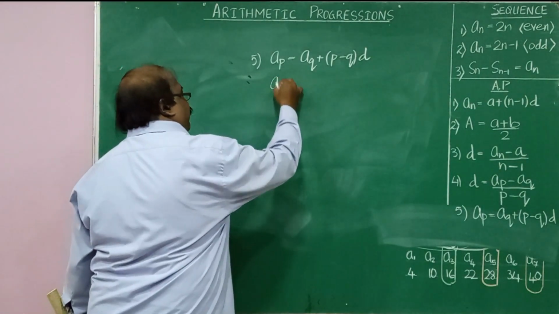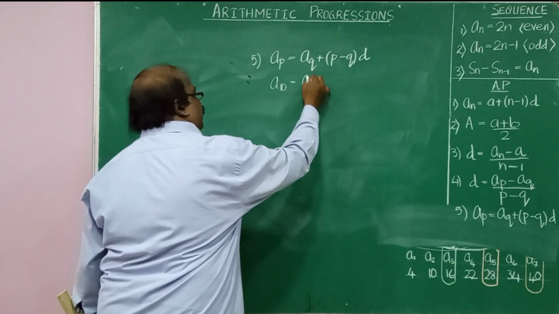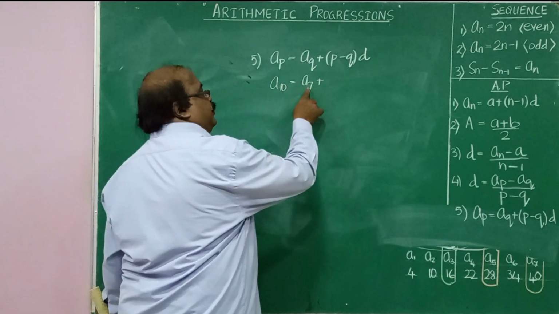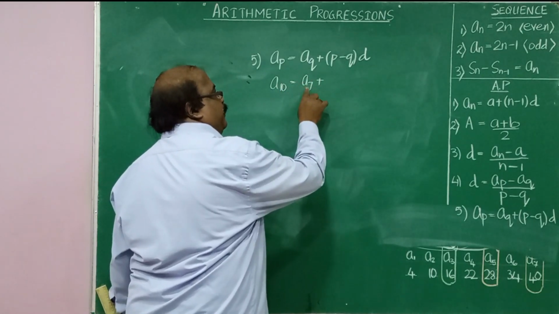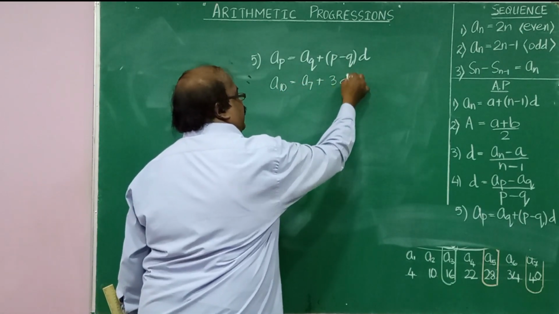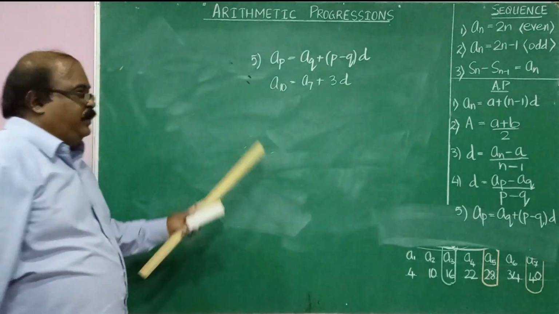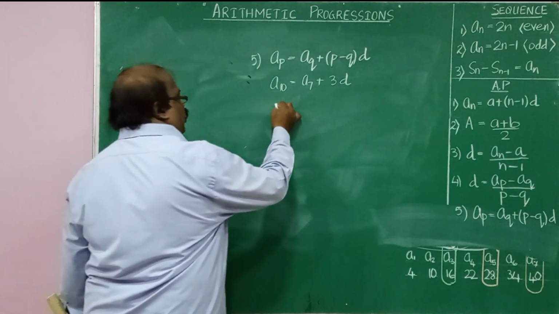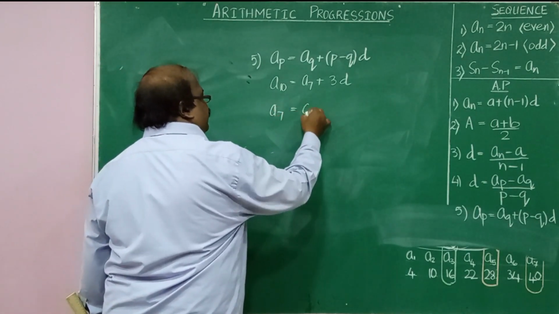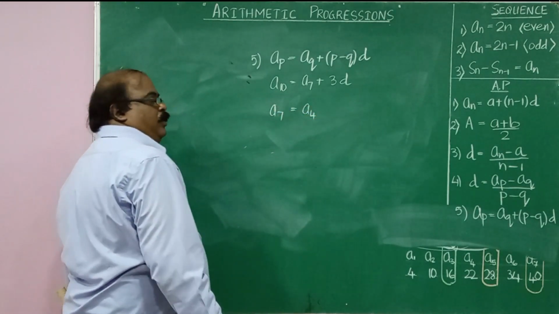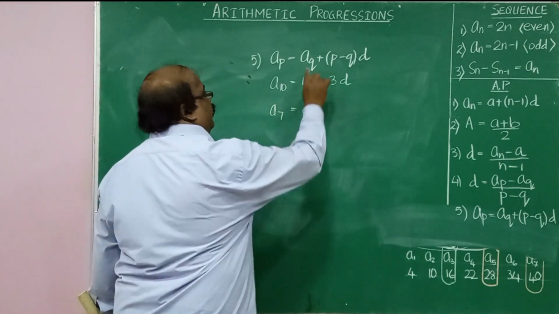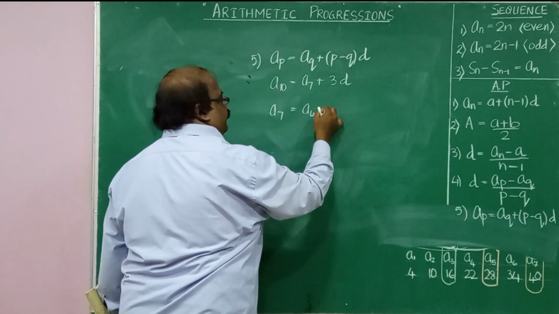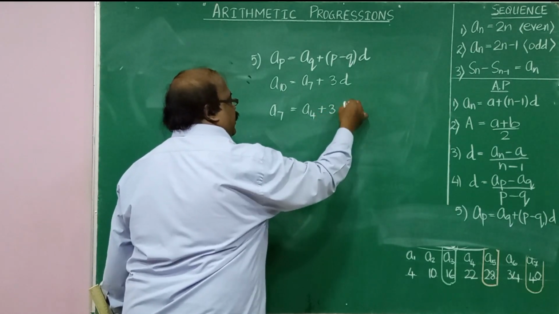What is A10? A10 is equal to A7 plus (P minus Q). I will write directly, 10 minus 7, 3. What is A10 equal to? A7 plus 3D. If I ask you, what is A7 equal to in terms of A4? A7 is equal to A4 plus (P minus Q) D. What is 7 minus 4? 3D.